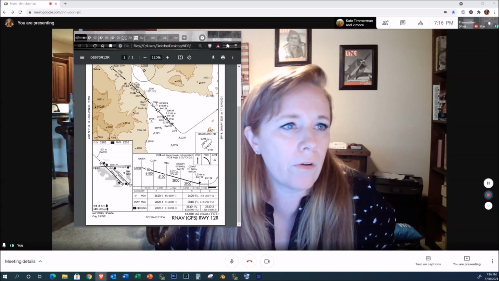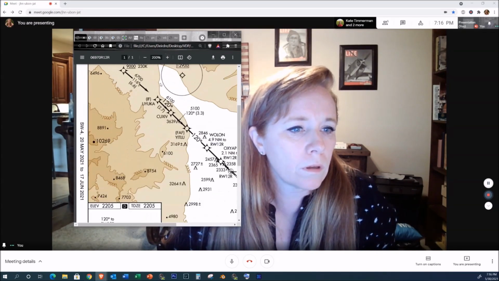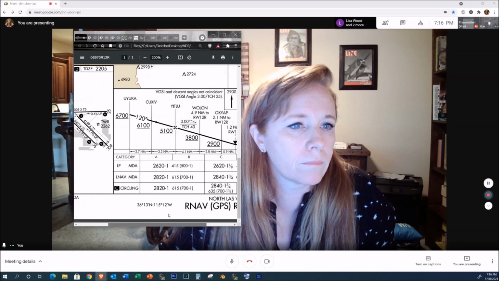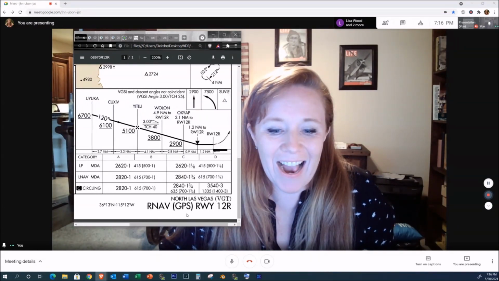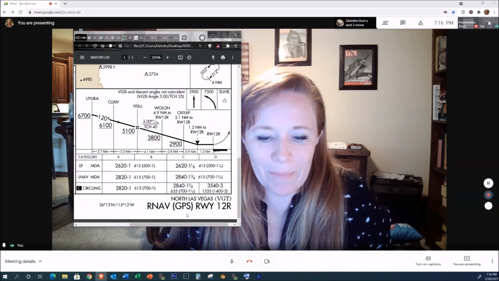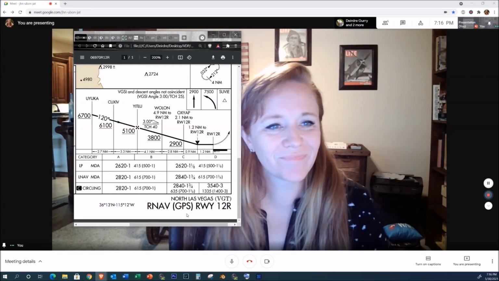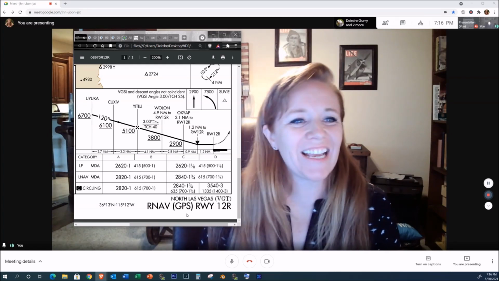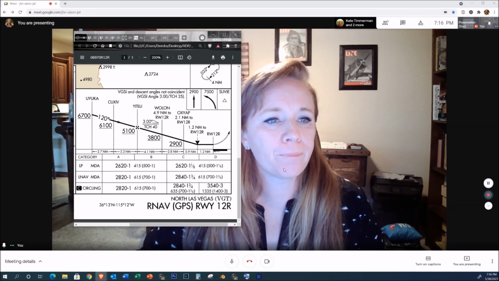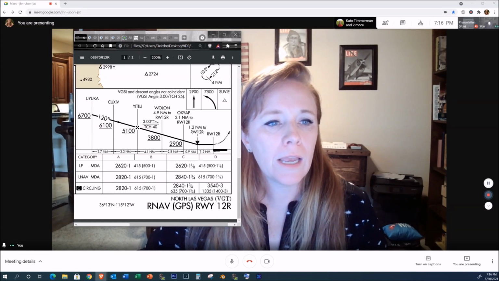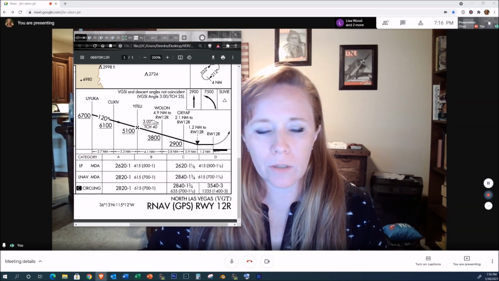Can you guys see that okay, or do I need to make it bigger? I'm just on an iPad mini, so that's why it's small. Okay, is that better? Yep. You can see the VDP, the little V, and that it's 1.2 miles from the end of the runway.